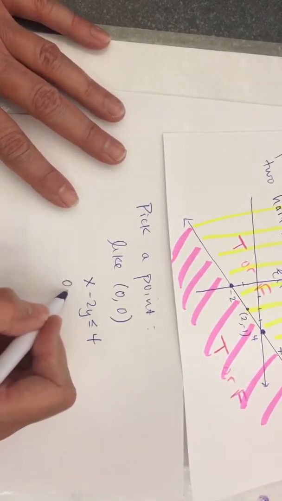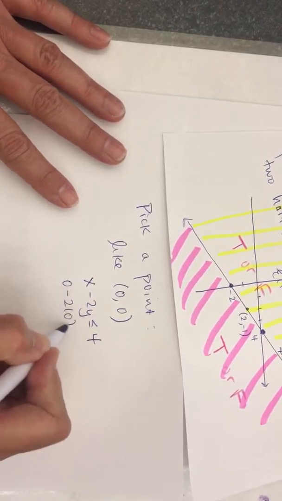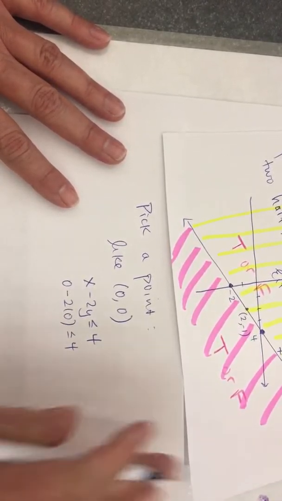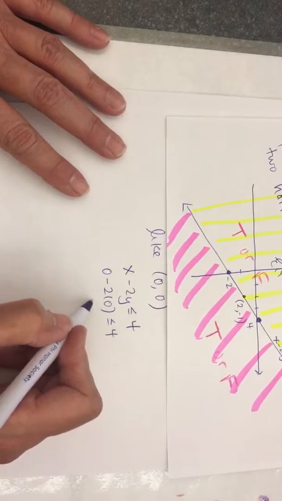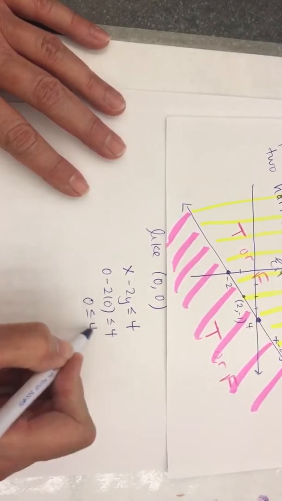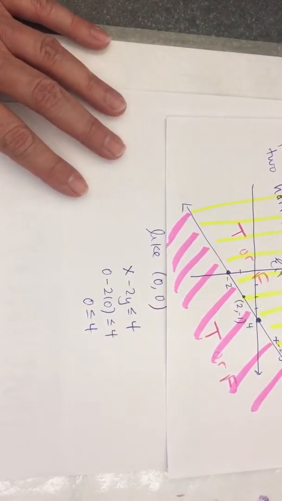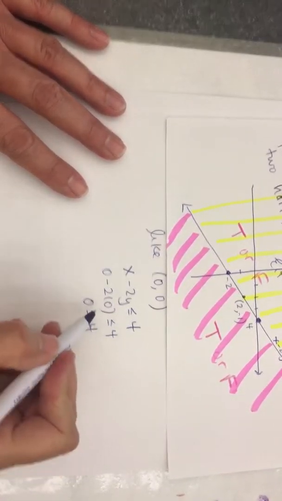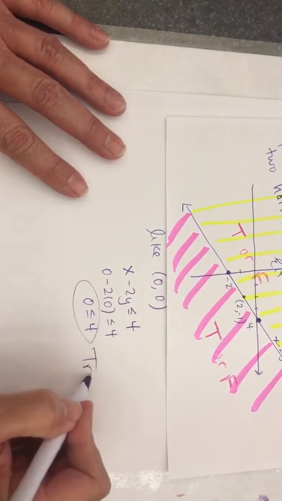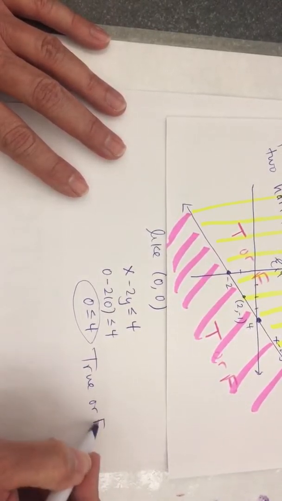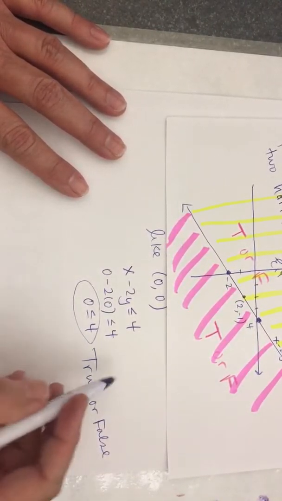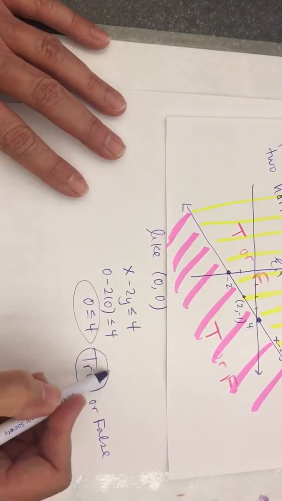So that would be 0 minus 2 times 0 is less than or equal to 4. This gives me 0 is less than or equal to 4. Now, you have to ask the question, is that true or false? That is true.